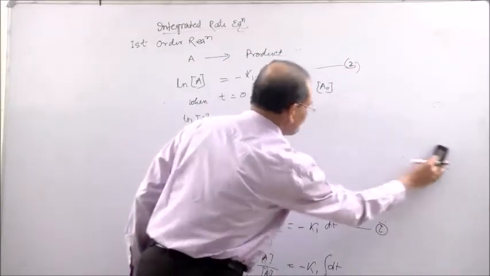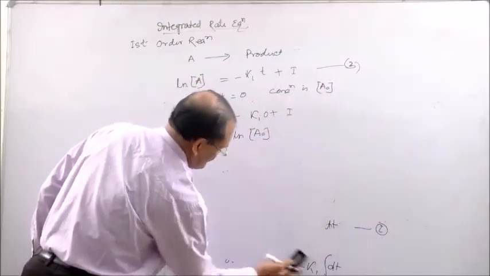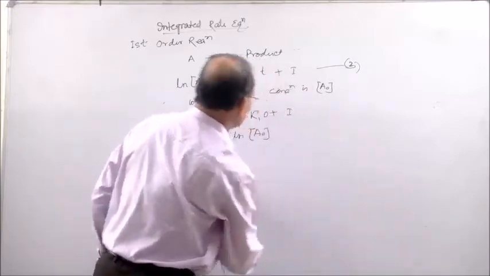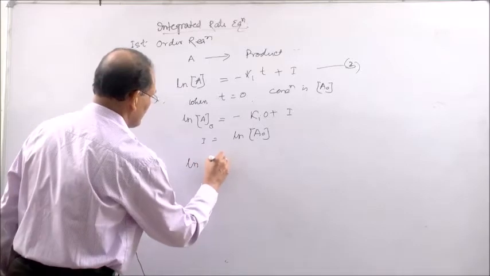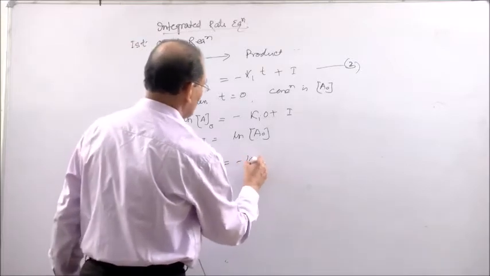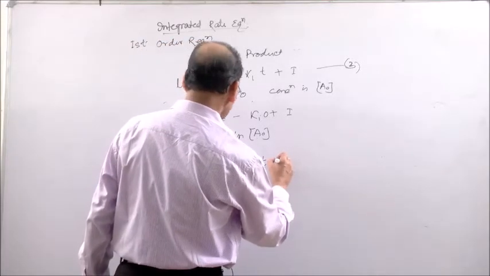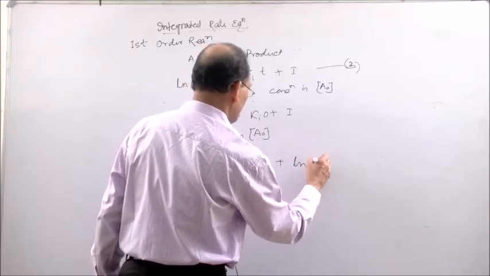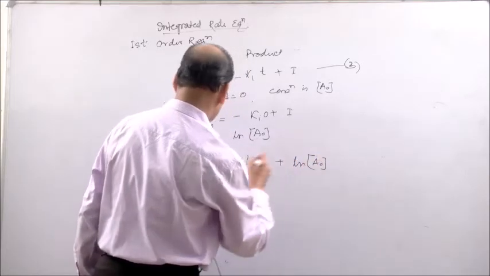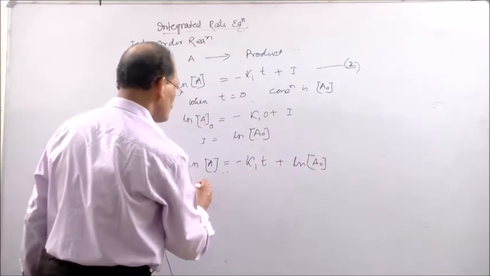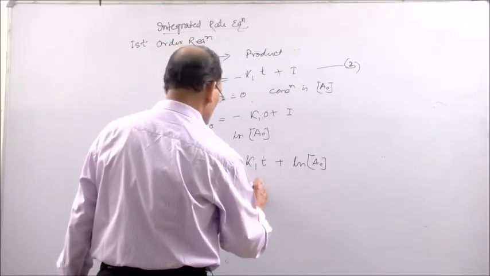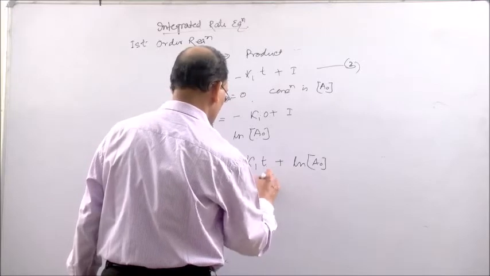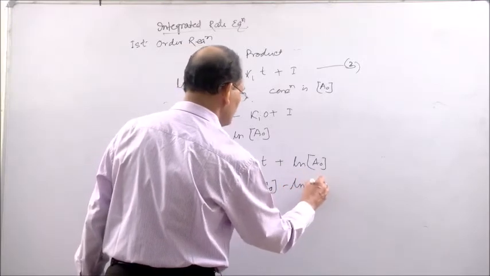Substituting the value of integral constant I in equation 3, we will obtain ln A equal to minus K1t plus ln A0, or K1t equal to ln A0 minus ln A.